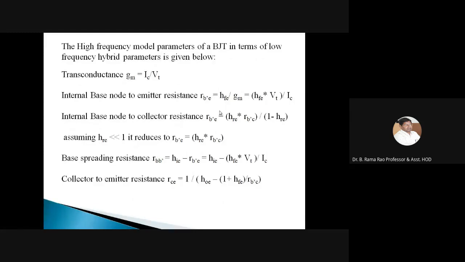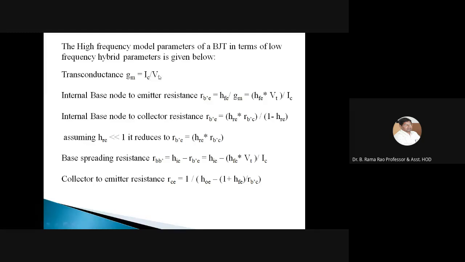Previously, we had a transconductance GM, base emitter resistance RB dash E, emitter capacitance and collector capacitance. These are all the hybrid pi values. Now using GM, we know GM is equal to IC by VT, where IC is the collector current and VT is the threshold voltage.